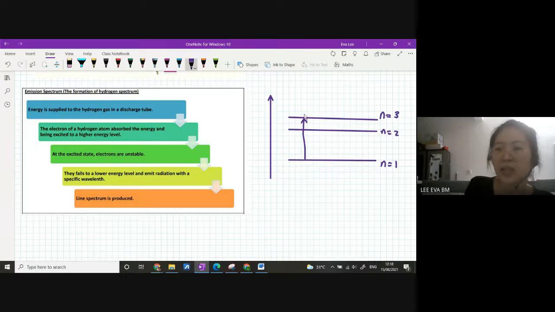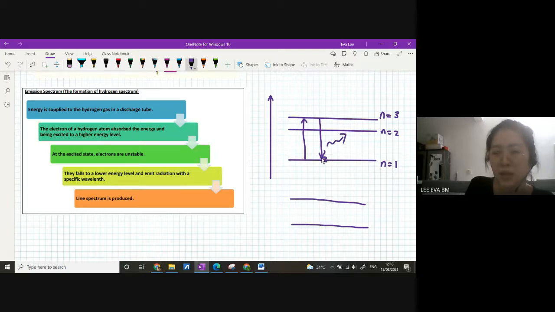So bila dekat energy level 3, the higher energy level, it becomes unstable and it falls down to a lower energy level. So when it falls down over here, energy is released. Now the electron is at energy level 1. Then when the energy is emitted, you are actually giving out radiation. So energy emitted sama dengan radiation. So you are producing one spectrum.